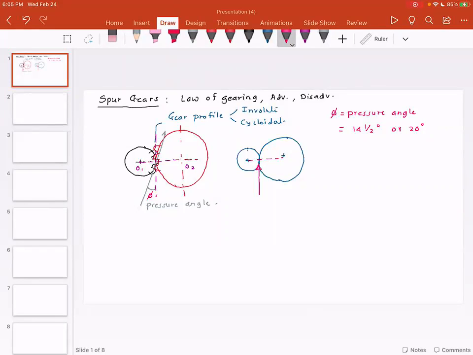Now let's look at a magnified view of the gear profile. So I'm gonna draw a couple of gear teeth. If you look at this, this is a gear profile, and I'm just showing two teeth.